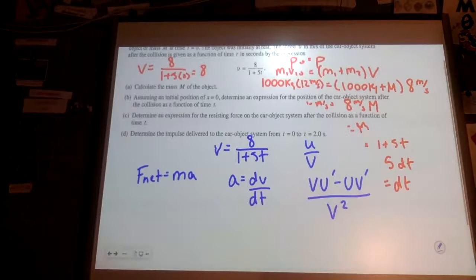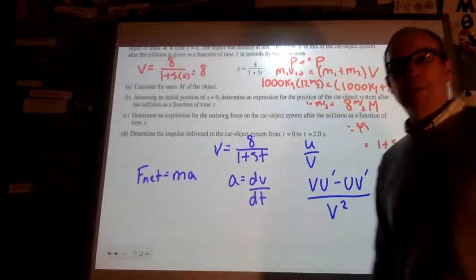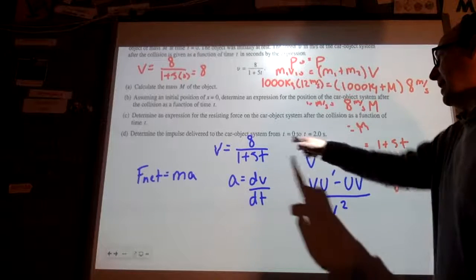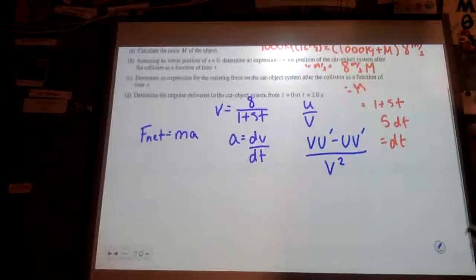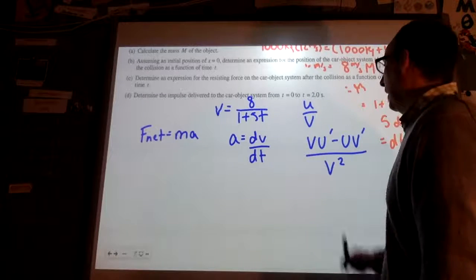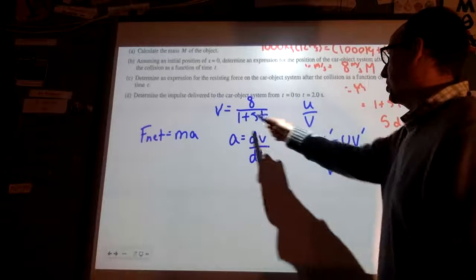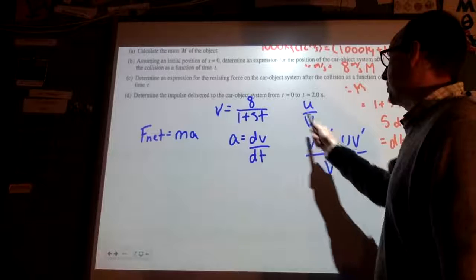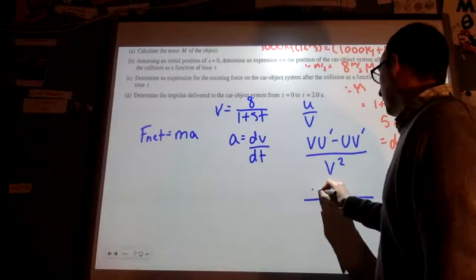I know they have a clever mnemonic, but I don't remember what that is. But this is how I remembered it. And so in this case, 8 is our u and 1 plus 5t is our v. And so my first term is going to be v, which is 1 plus 5t, times the derivative of 8, which is 0, so that's nothing.